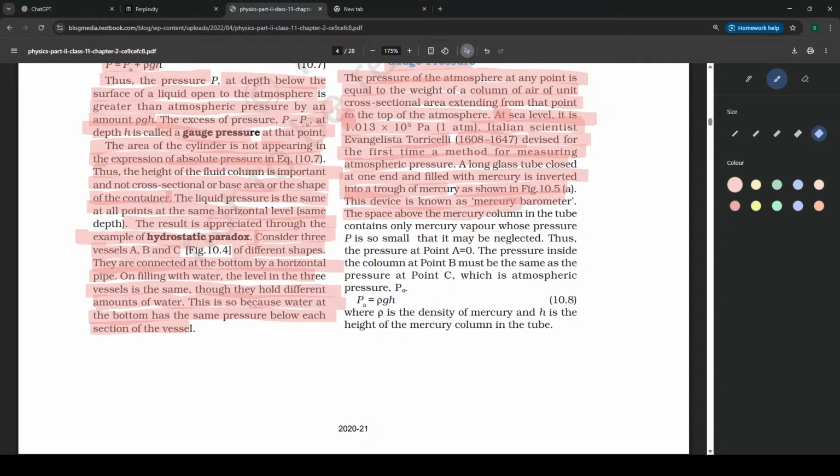The space above the mercury column in the test tube contains only mercury vapor whose pressure P is so small that it may be neglected. Thus, the pressure at point A is 0, and the pressure inside the column at point B must be the same as the pressure at point C, which is atmospheric pressure PA.